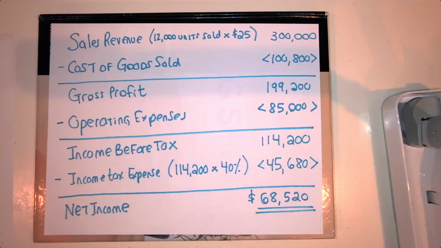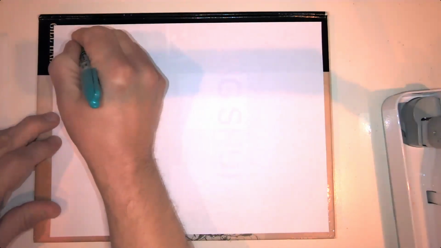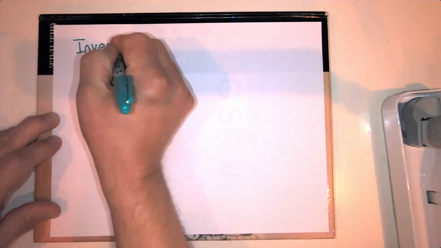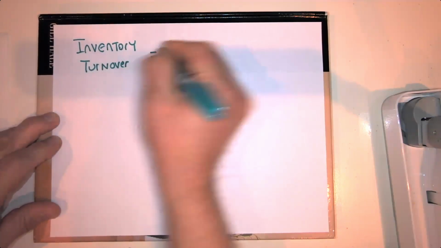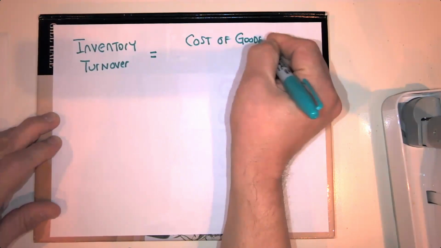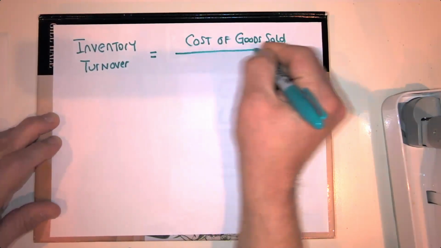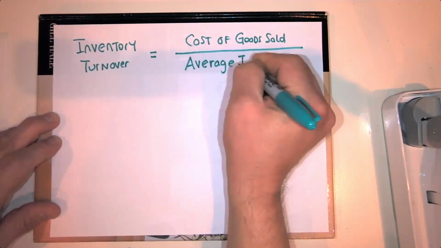The last thing they ask us to figure out in number 7 is one of the ratios that we learned, the inventory turnover ratio for the month of November using the LIFO method. And you'll calculate your inventory turnover by taking your cost of goods sold and dividing it by your average inventory.